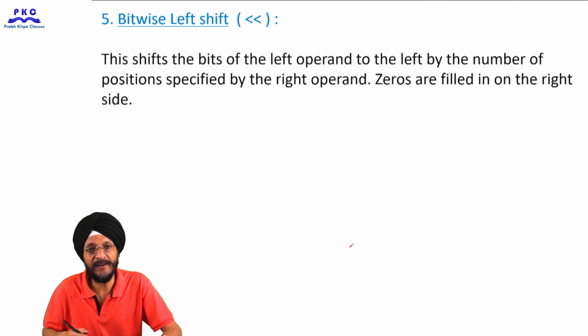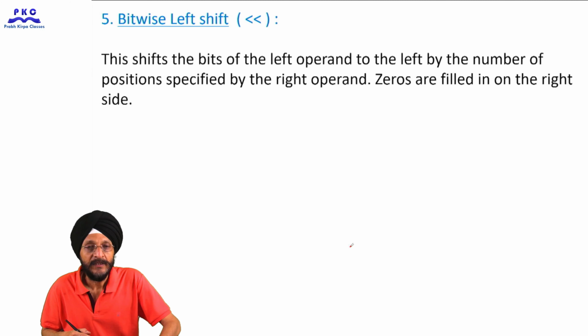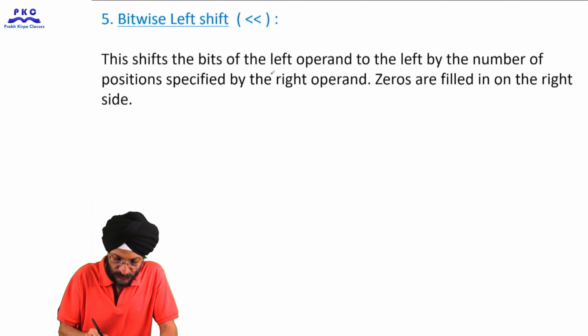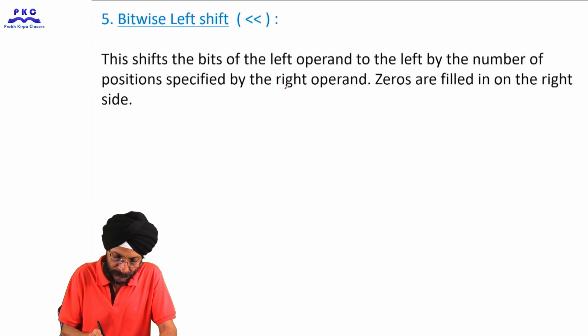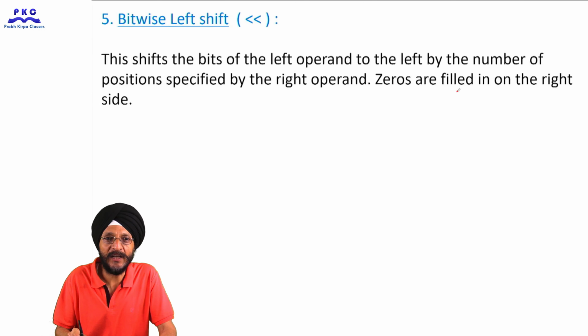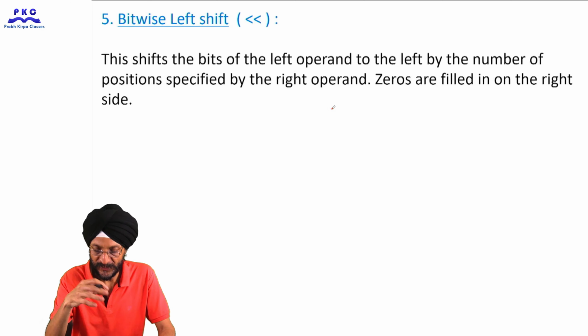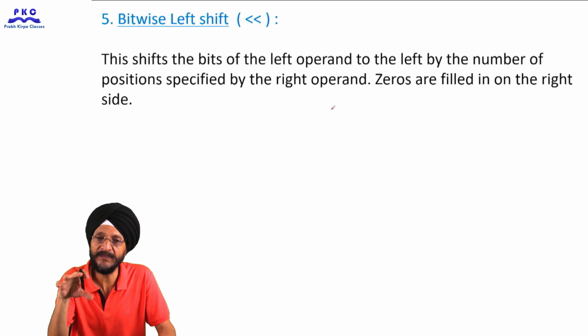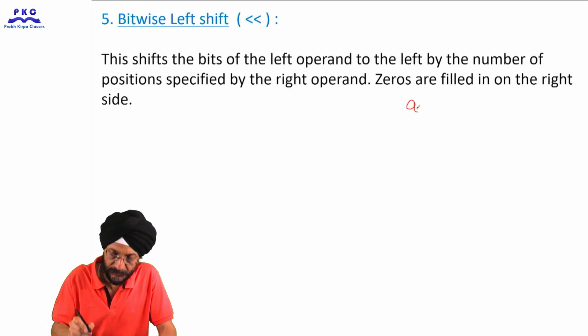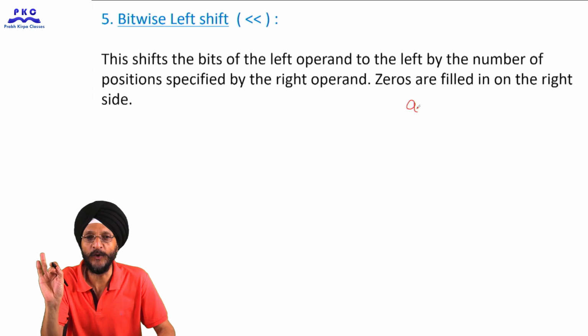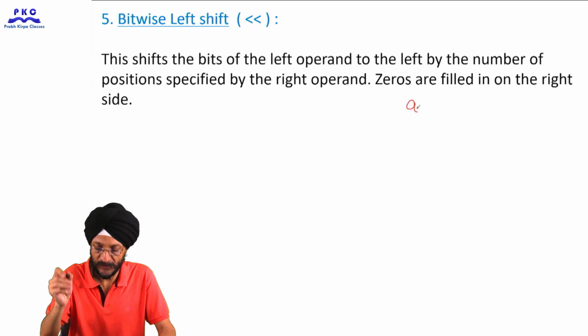Now the bitwise left shift operator. This operator shifts the bits of the left operand to the left by the number of positions specified by the right operand. Zeros are filled in on the right side. What does it mean? It seems very technical, but it is very simple. Suppose there is a variable a, and it has a certain decimal value.